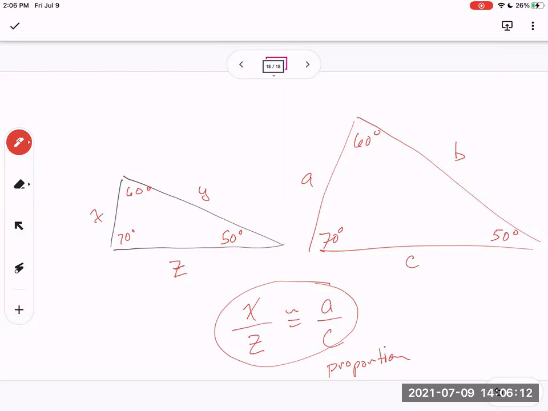And we say that triangle XYZ is similar to triangle ABC, and they are proportionate. That's what that means.